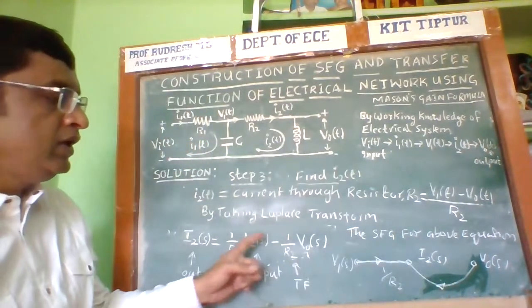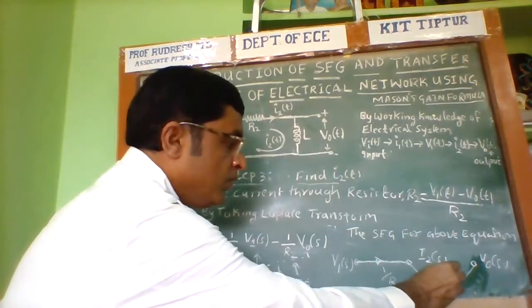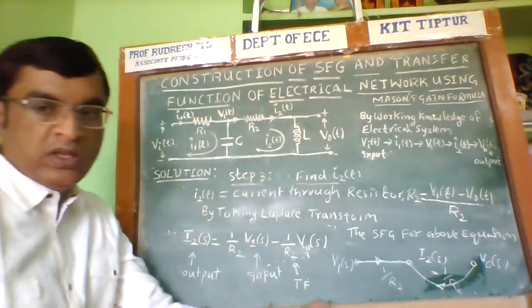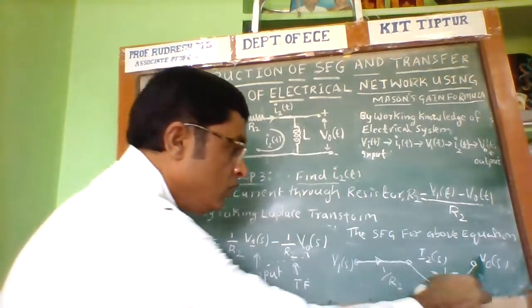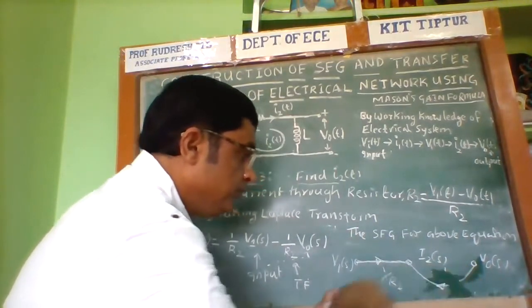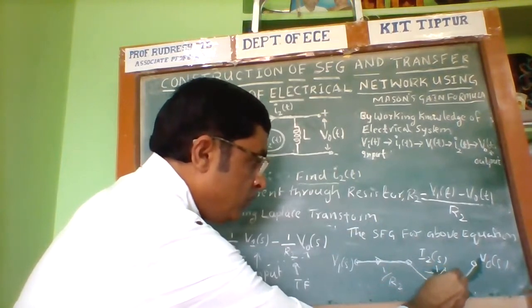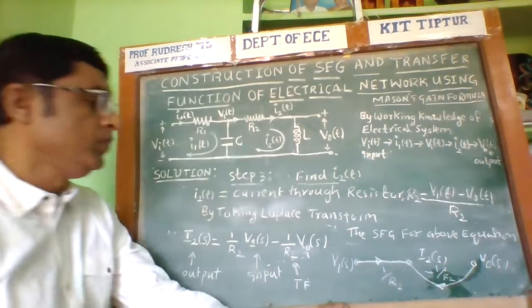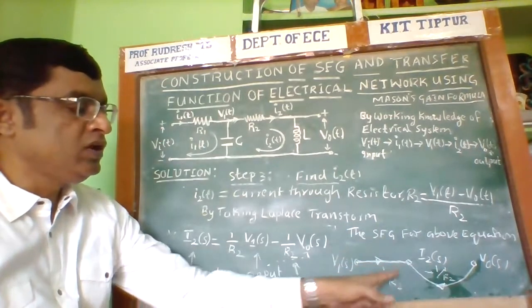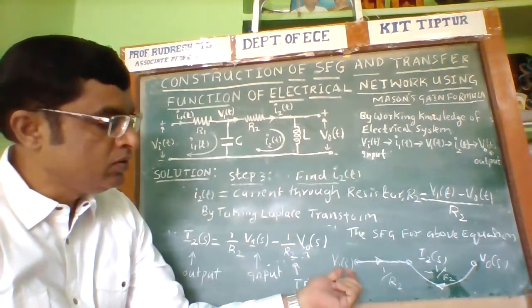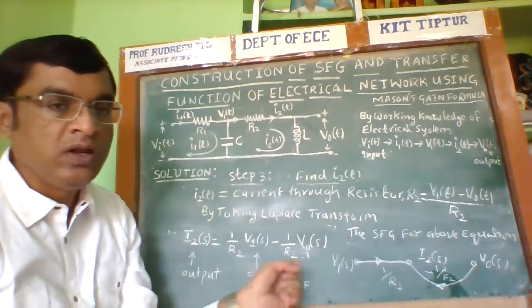Now what is the gain here? The gain of this particular branch is 1 by R2, and the other is minus 1 by R2. Now what is the signal at this particular node? It is equal to the sum of this signal and this signal.